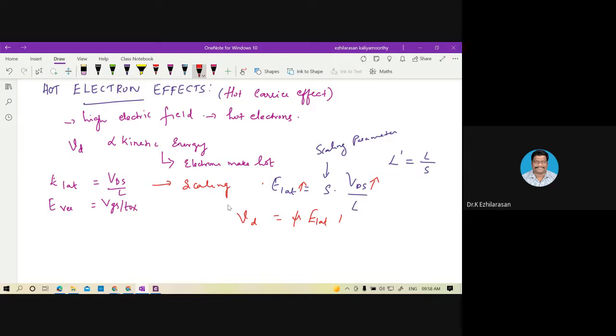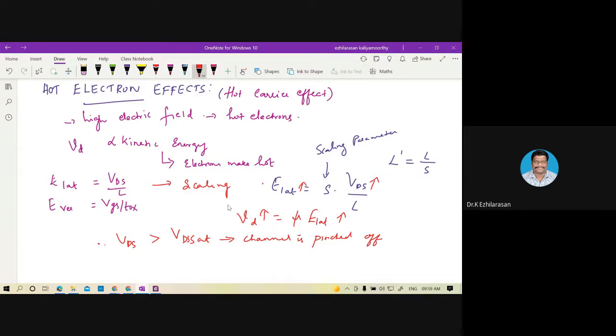As E lateral increases, the drift velocity also increases. What will happen when VDS, the drain to source voltage, is very much greater than VDS SAT? The channel will be pinched off.